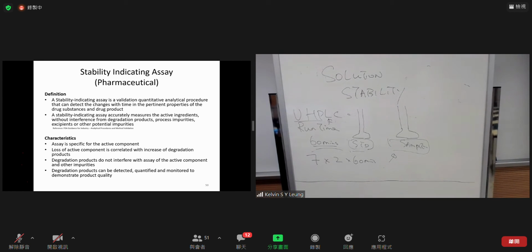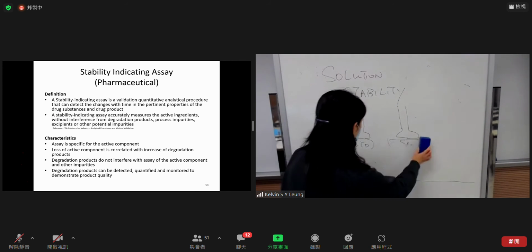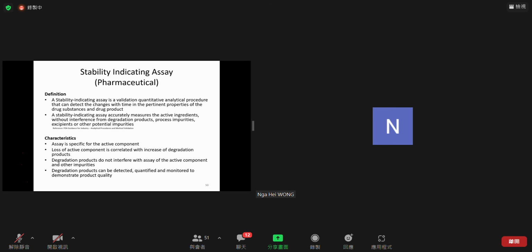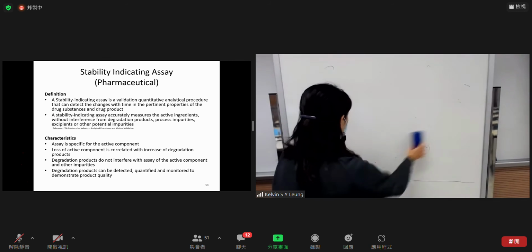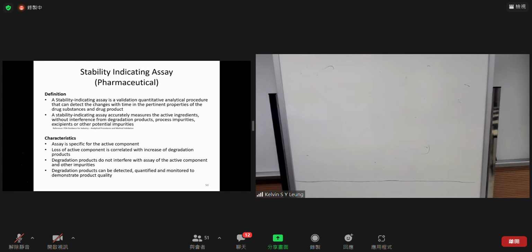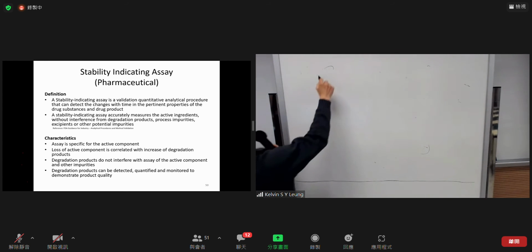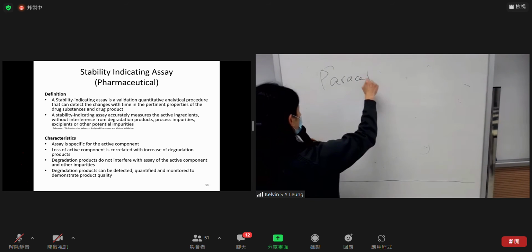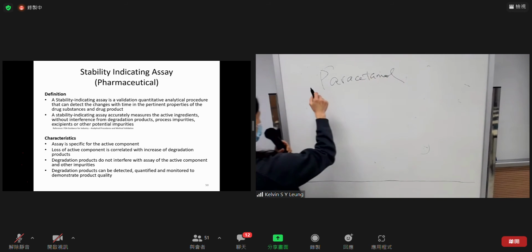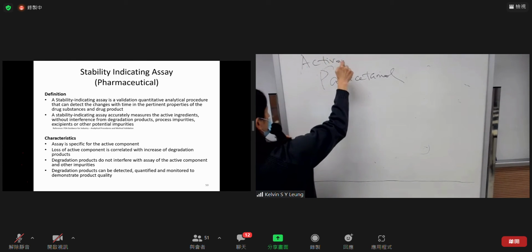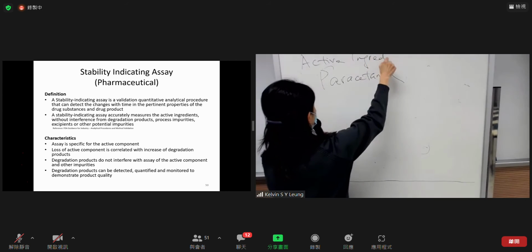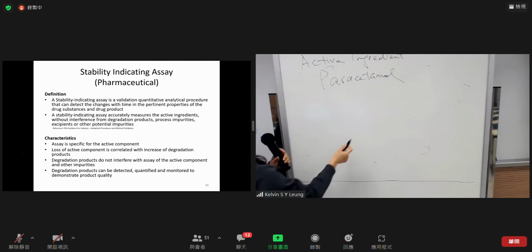At the very beginning, you note the target. Let's say in a QC laboratory, I also use paracetamol as an example. So this is the drug, the active ingredient.